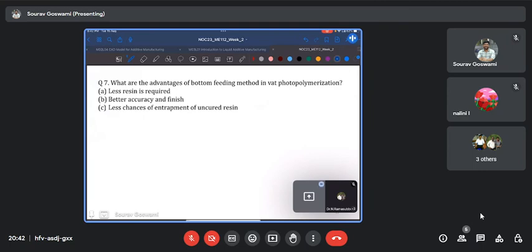Question 7 is discussing the advantages of bottom feeding method in vat photopolymerization. So we discussed this method at length. Let us look at the options. Less resin is required. Yes, this is true. As we discussed, since the build direction is actually along the negative z direction in this case, say I have certain pre-built layers.